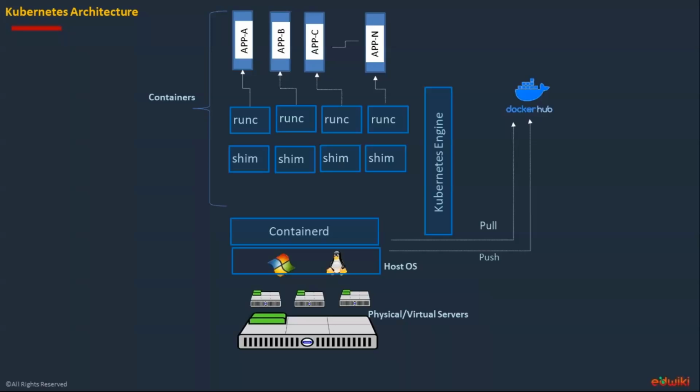You just work at the Kubernetes layer, which will take care of all of these backend things. You don't need to worry about what the shim package or runc package is doing. If you want, yes, we can go deeper as well, but we get nothing out of it, because we will never work at that level. Those are all low-level programs.